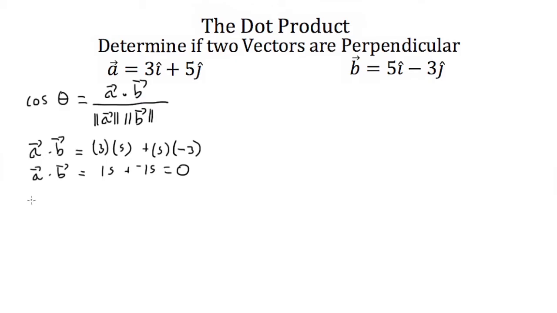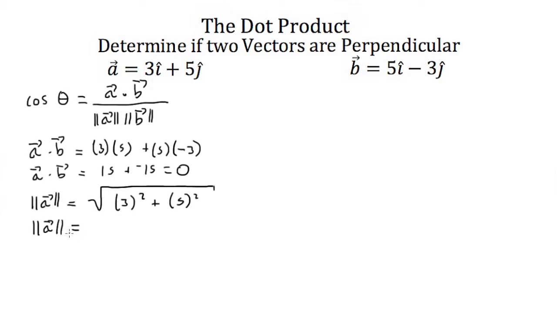Now let's find the magnitude of A. That's equal to the square root of the amount A moves in the x, so 3 squared, plus the amount A moves in the y squared. So the magnitude of A is equal to the square root of 34, which is approximately 5.83.